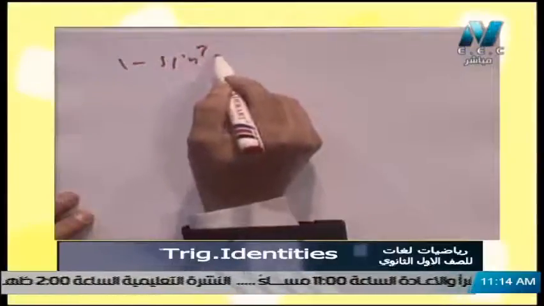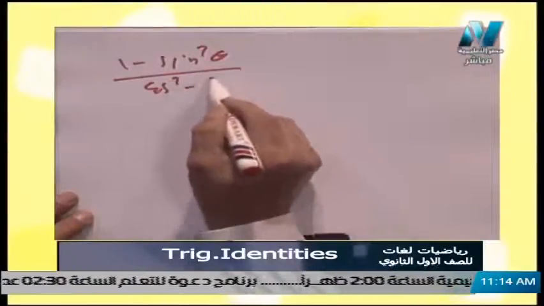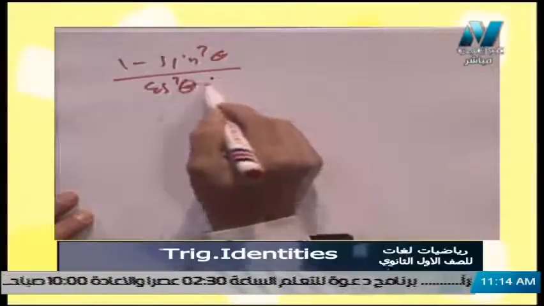If we have (1 minus sine power 2 theta) over (cosine power 2 theta minus 1).